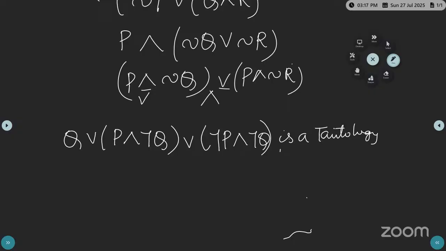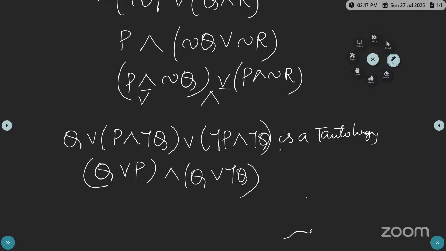First you are doing here, just here. I am taking Q or P and Q or negation Q. Okay? Or negation P and negation Q. Now what should I do? Just check the laws. See the negation law.